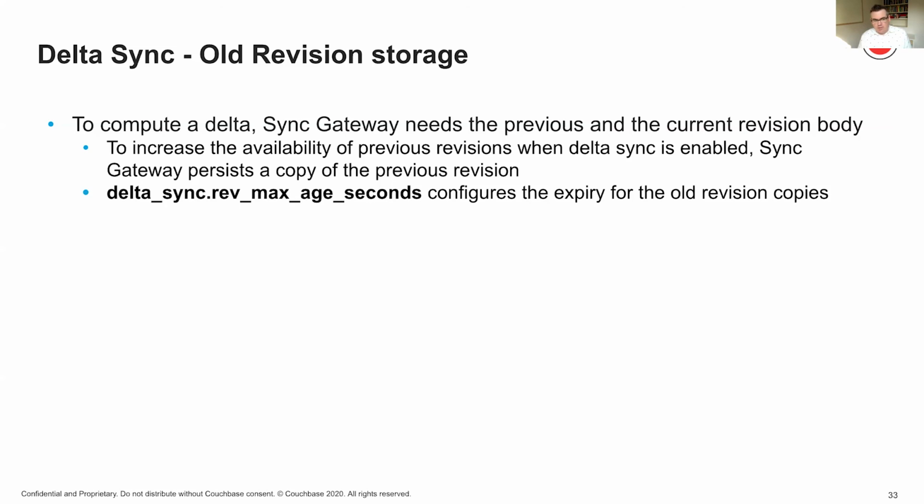In order to compute the delta, we need the previous revision, and to increase the availability of the previous revision when Delta Sync's enabled, Sync Gateway can persist a copy of the previous revision to the bucket. If that previous copy is not being persisted, Sync Gateway is only going to be able to generate a delta when that previous revision is still resident in the rev cache.